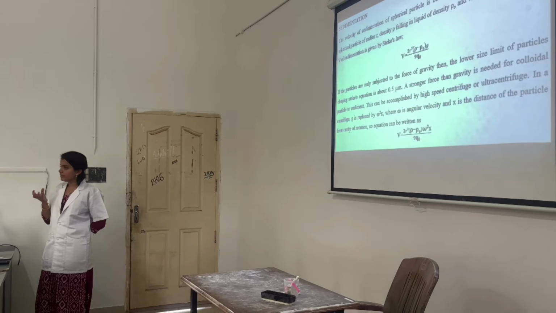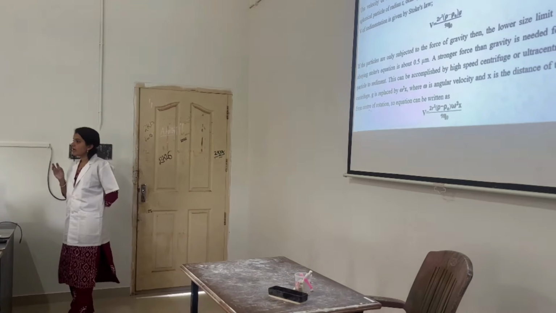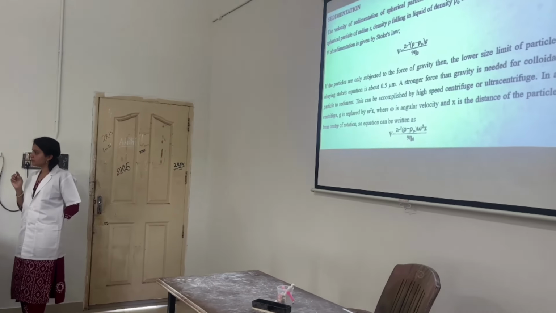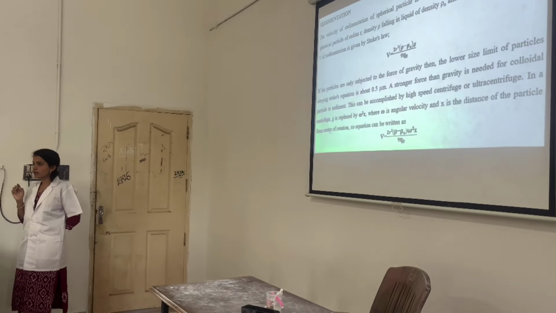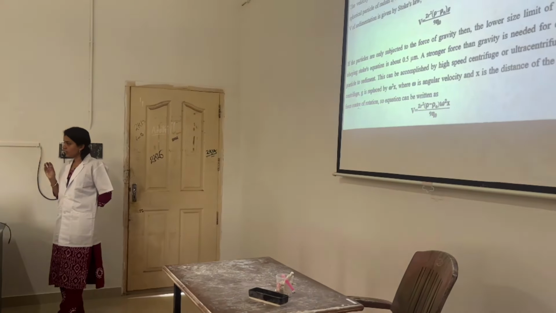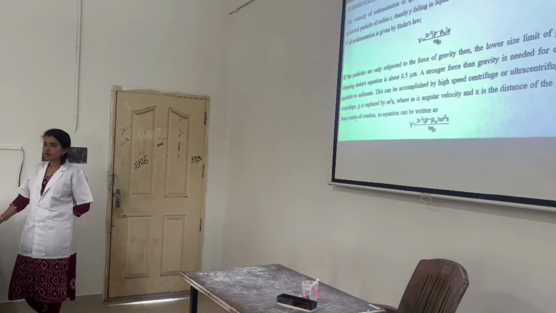So, instead of g, gravitational force, we are replacing it with the angular velocity, represented as omega, and g is replaced by omega square x, where omega is the angular velocity and x is the distance of particle from center of rotation.